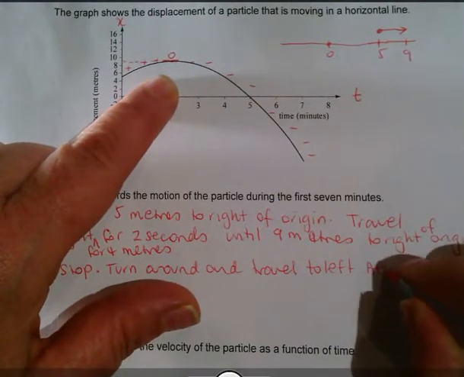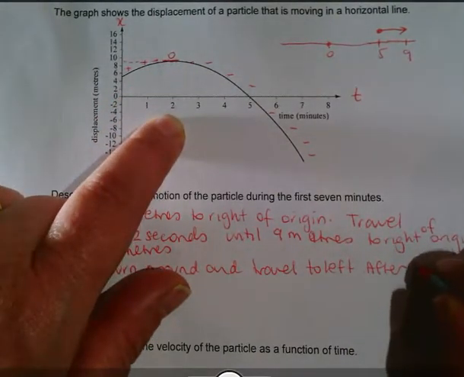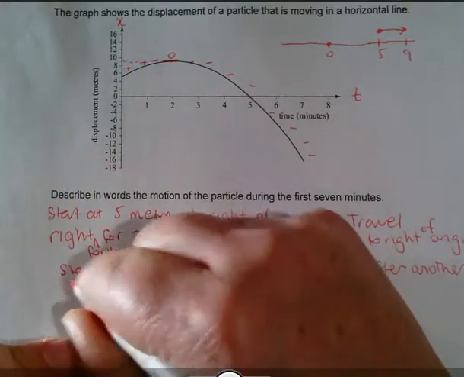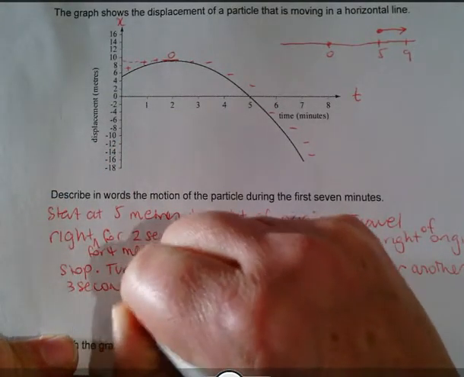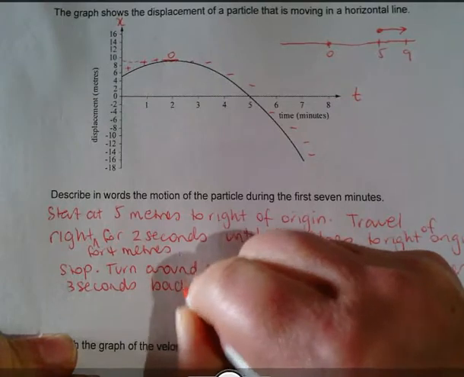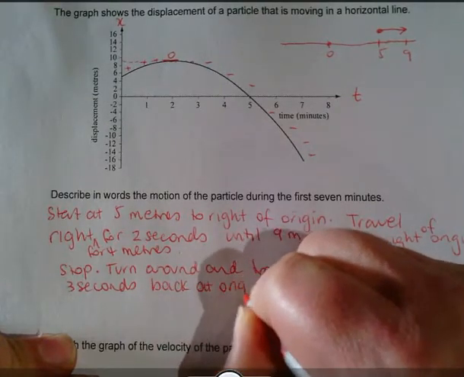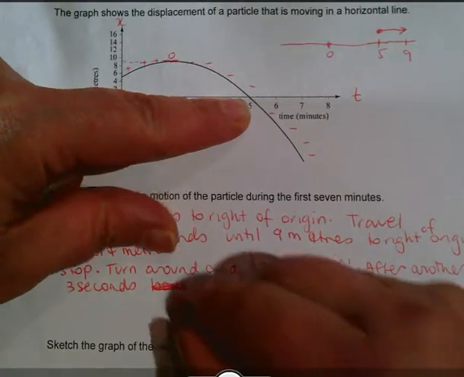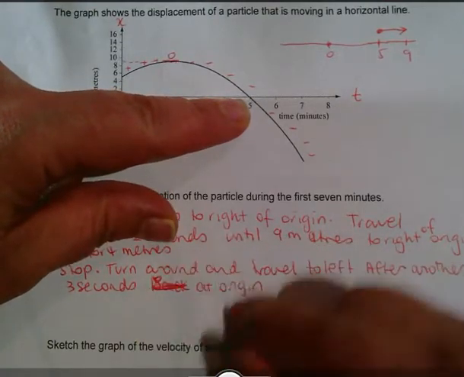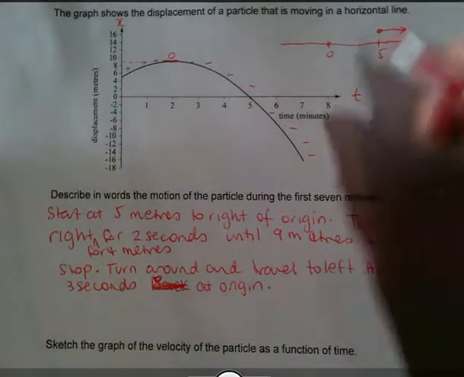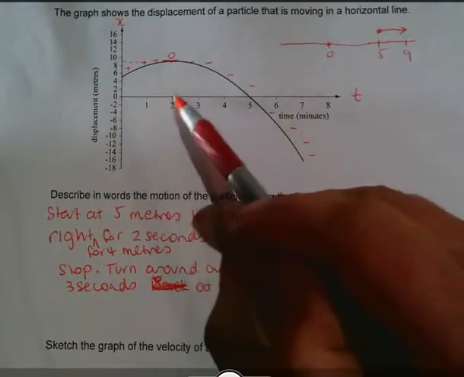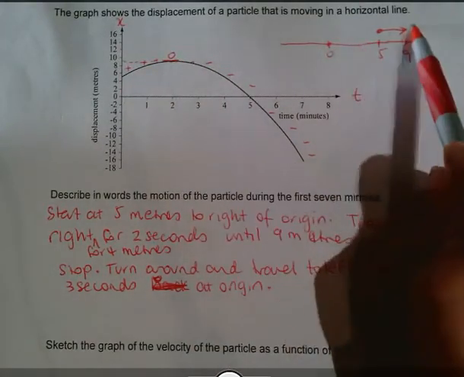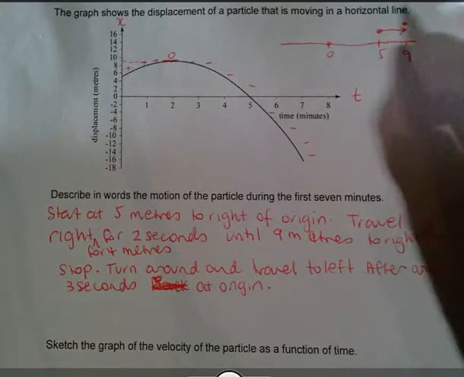Now, after another 3 seconds, you are back at the origin. So if you look at the 5-second mark, you're at x is 0, the origin. So after another 3 seconds, you are at the origin. So in the first 2 seconds, you went from 5 to 9, and then you turned around.